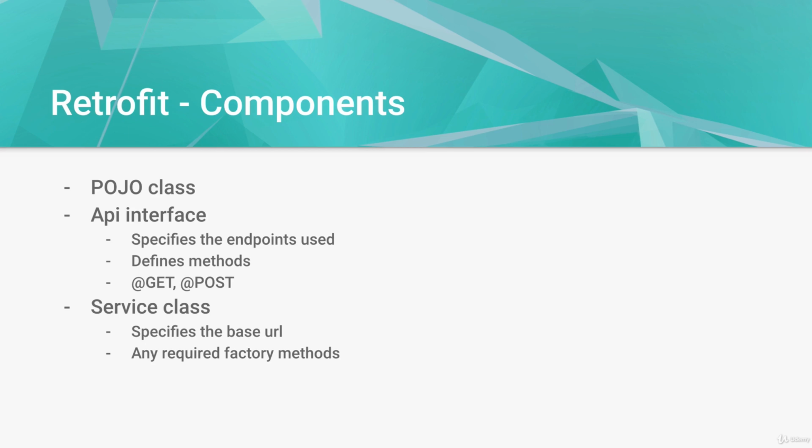We will use this service class, or the object that we create from this class, to retrieve information from the backend. And of course, we will see in our application exactly how we would implement these three classes and how we would use them together to retrieve the information in a very easy way from our backend.